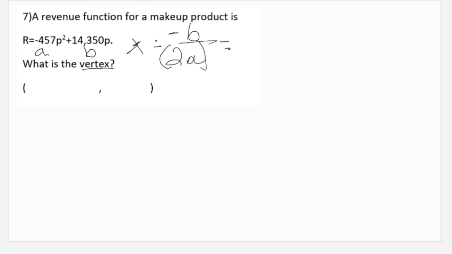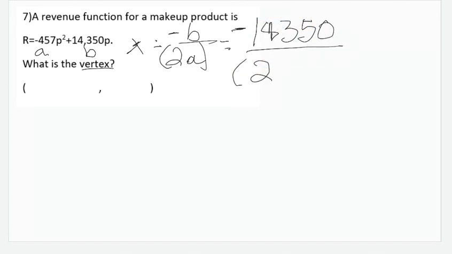Okay, so it's going to be negative 14,350 all over 2 times negative 457. We're going to put that in the calculator.